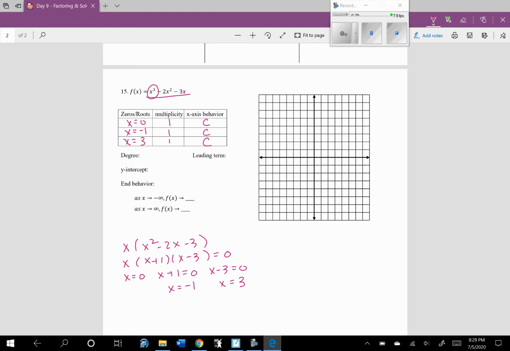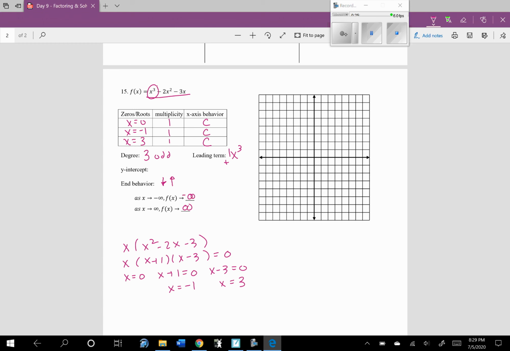The degree of this is degree 3. So the leading term is x cubed. Remember, there's 1 in front, so that means that this is odd, and the leading coefficient's positive. So odd positive, remember, means that the left end goes down and right end goes up. So negative infinity goes towards negative infinity, and positive infinity goes towards positive infinity.